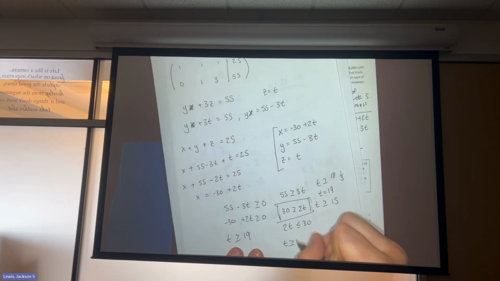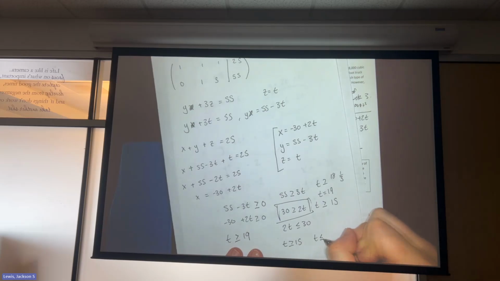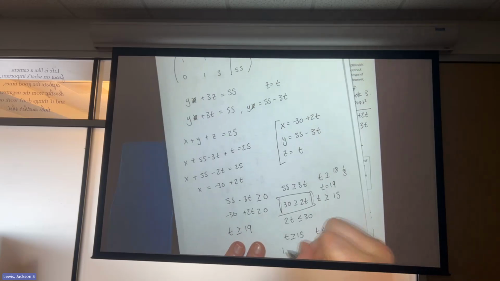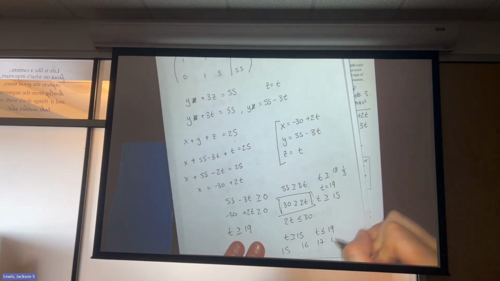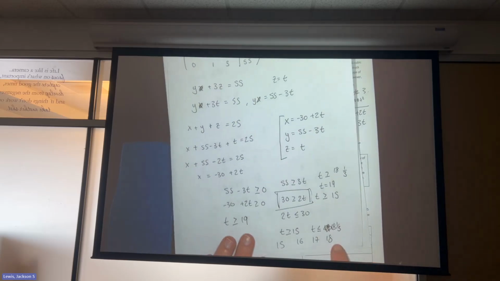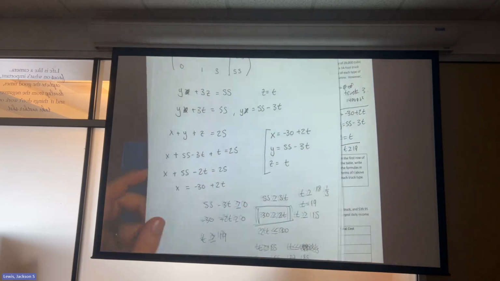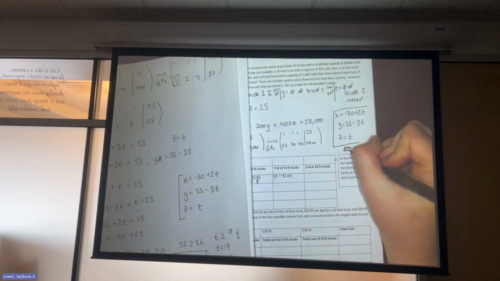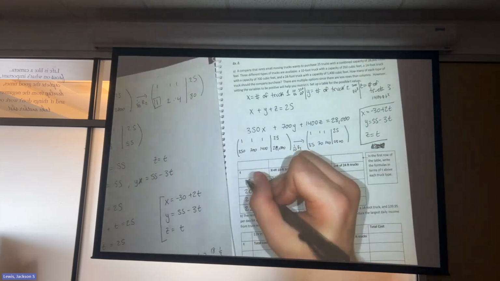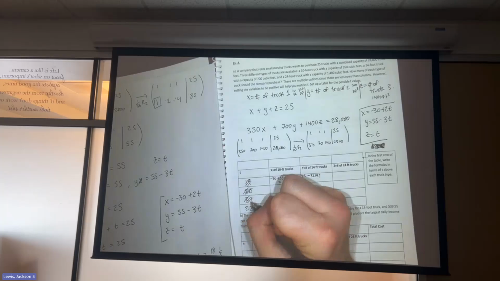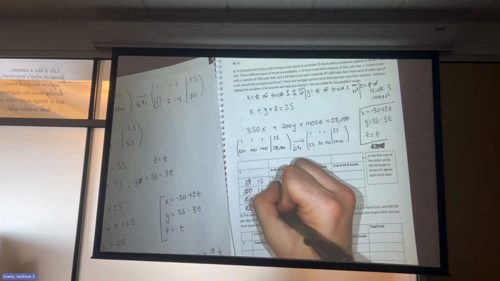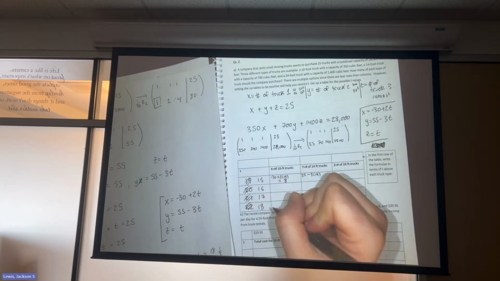T has to be greater than or equal to 15, and t has to be less than or equal to 18 and 1/3. So these are allowed values of the truck. My apologies. All right. So t is sandwiched in between these values. So instead of being these values, we actually get 15, 16, 17, and 18.